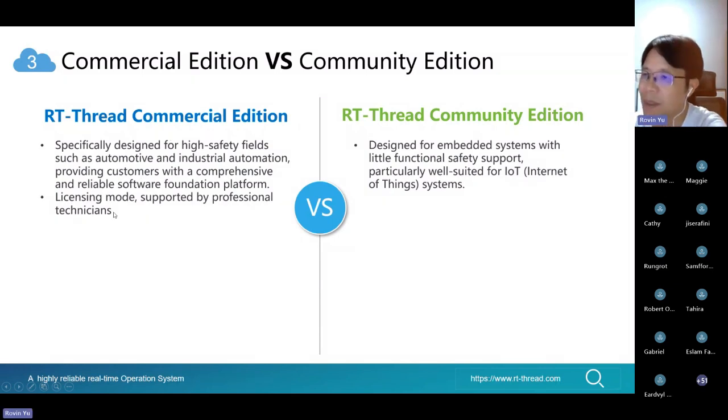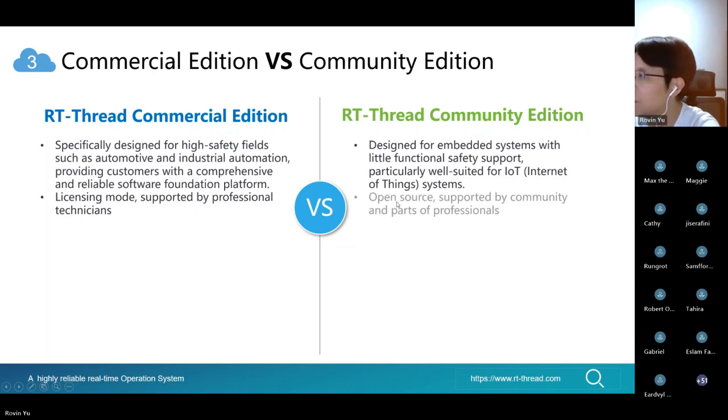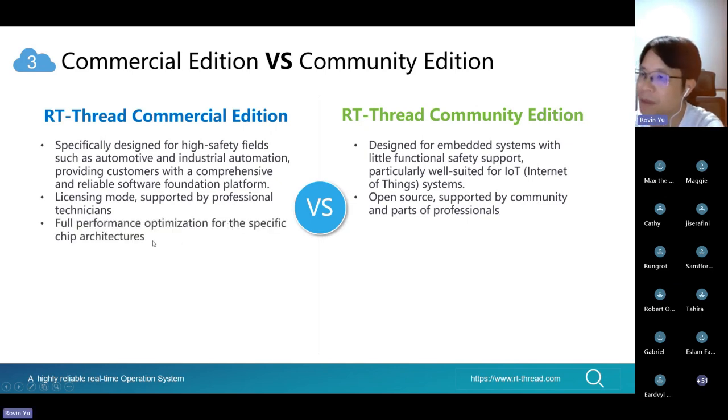The commercial edition is used in analyzing mode, and is supported by professional technicians, while the community edition is open source, supported by the community and parts of professionals. The commercial edition is fully performance optimized for specific chip architectures.